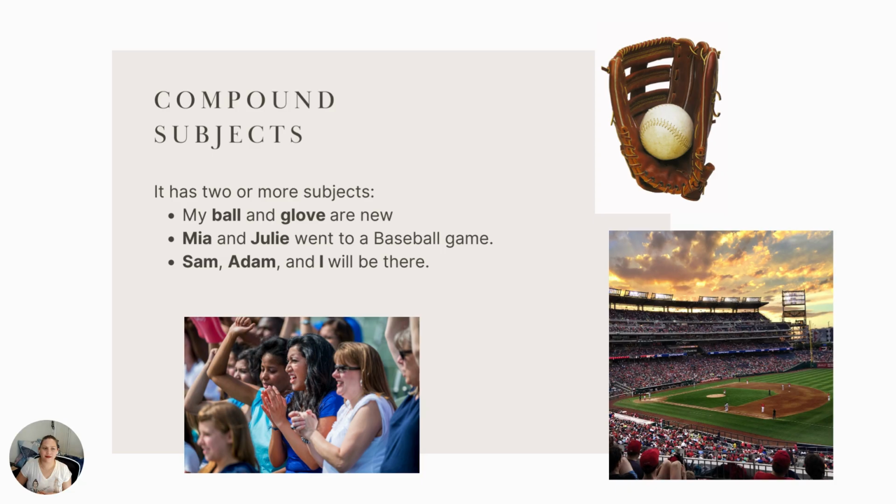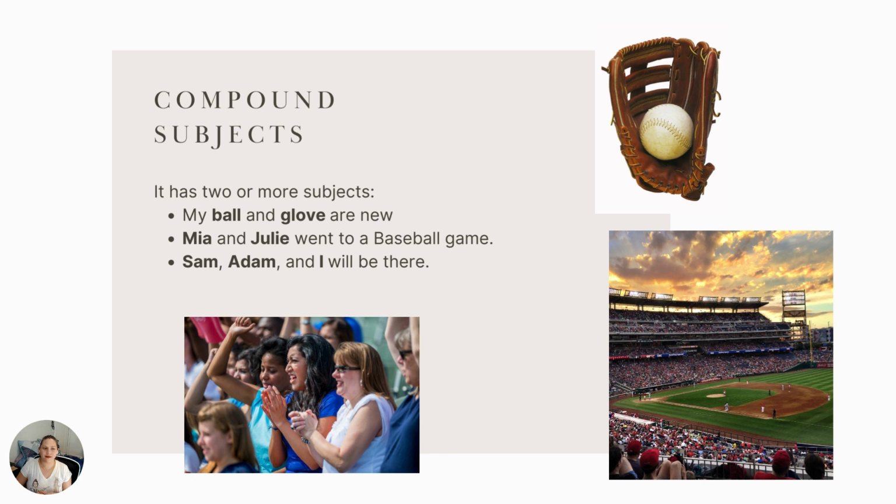Or Mia and Julie went to the baseball game. So the subjects are before the verb. And then the other one is Sam, Adam, and I will be at the game. So Sam, Adam, and I is three people, meaning there are three subjects in the sentence.